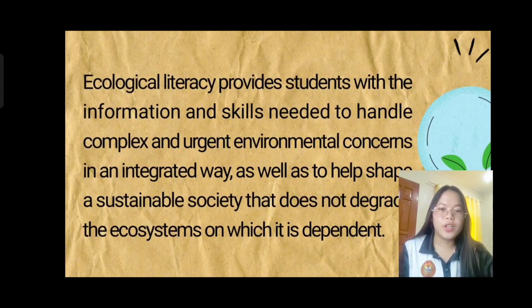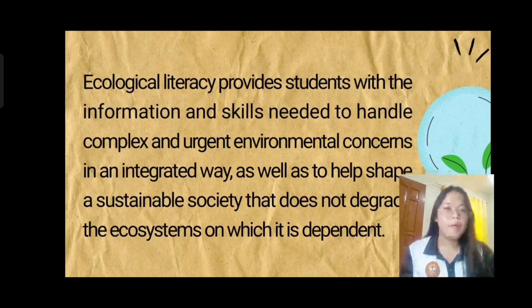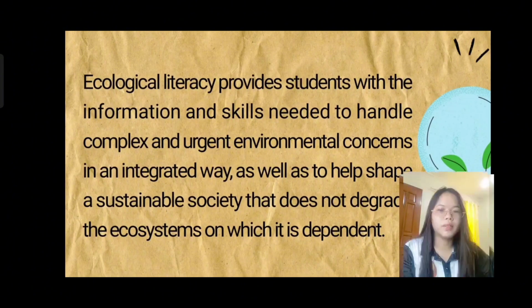So this ecological literacy equips students to address pressing environmental issues holistically and empowers them to contribute to building a sustainable society that respects and preserves the ecosystems crucial for our well-being. So that is how important ecological literacy is, especially for us students.